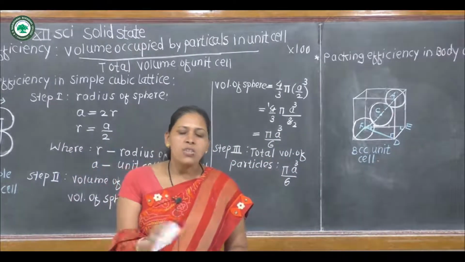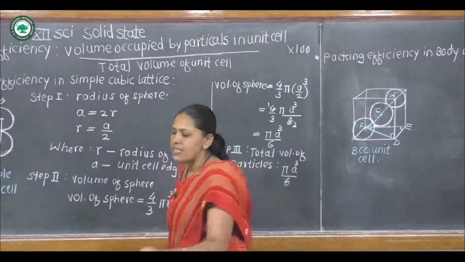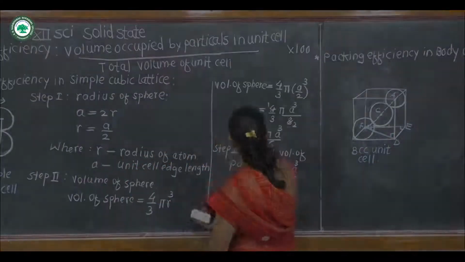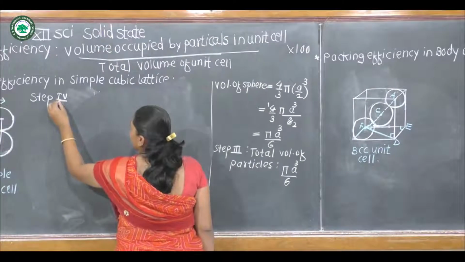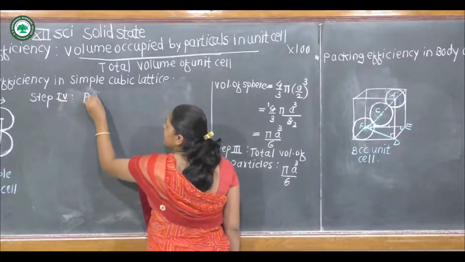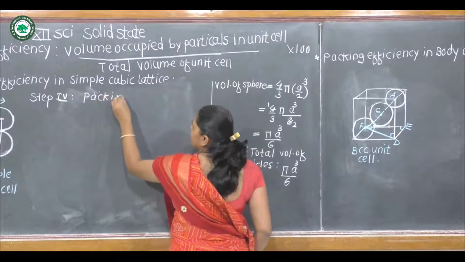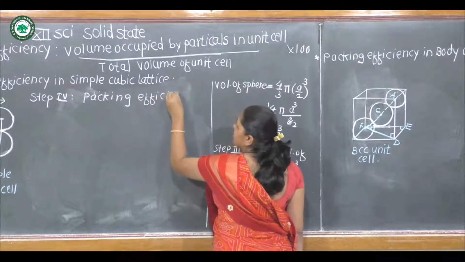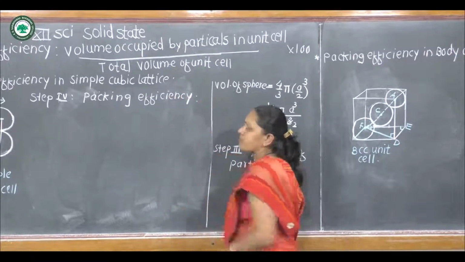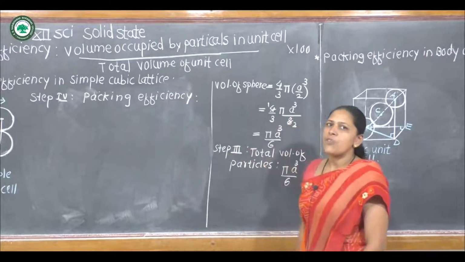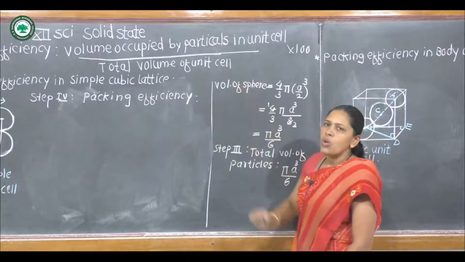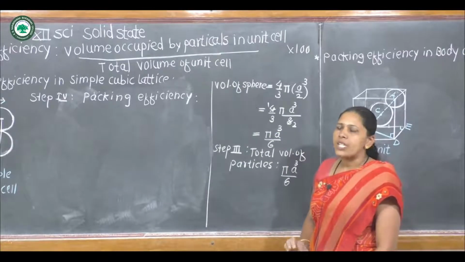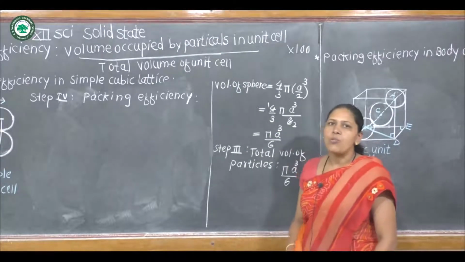Then step fourth is the packing efficiency. We know that the formula for packing efficiency is equal to the volume occupied by particles in the unit cell divided by the total volume of the unit cell.